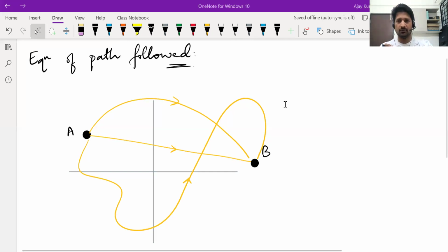We had discussed this before also, that velocity of a particle or an object is what determines how fast it is moving and in which direction it is moving, right? So how an object moves from one time to another time, or between an initial time and a final time, depends on its velocity.